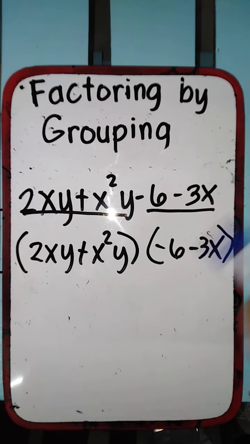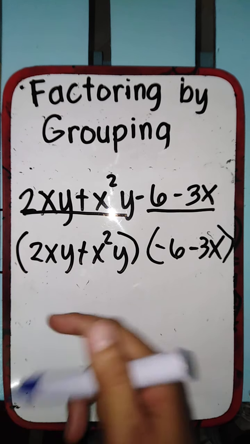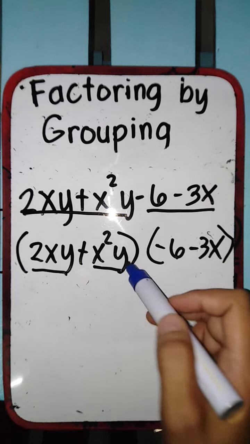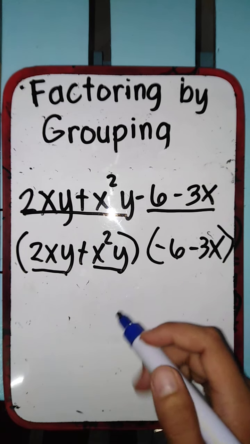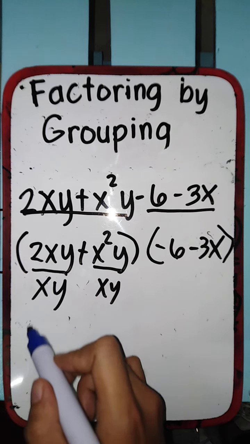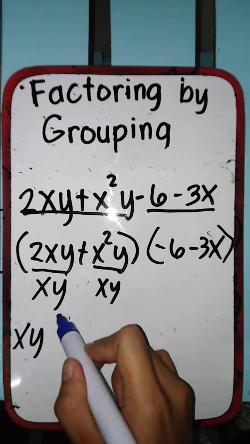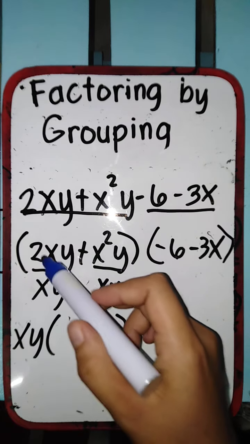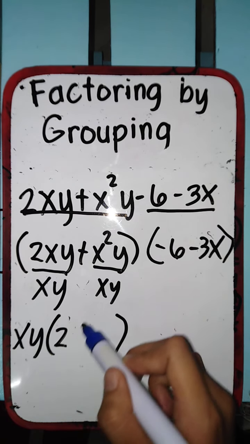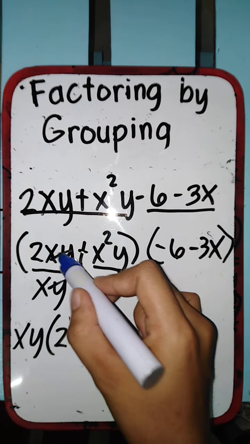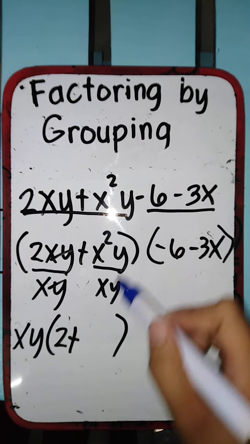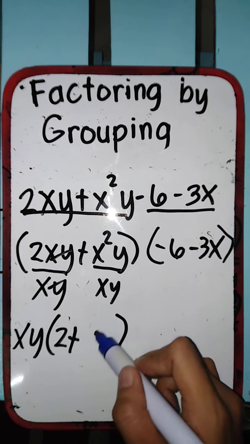We find the common factor of our first group, 2xy and x squared y. They have xy, and we write xy outside the parentheses, then divide. 2xy divided by xy is 2, because xy divided by xy is 1, and 1 times 2 is 2. Plus x squared y divided by xy is x.